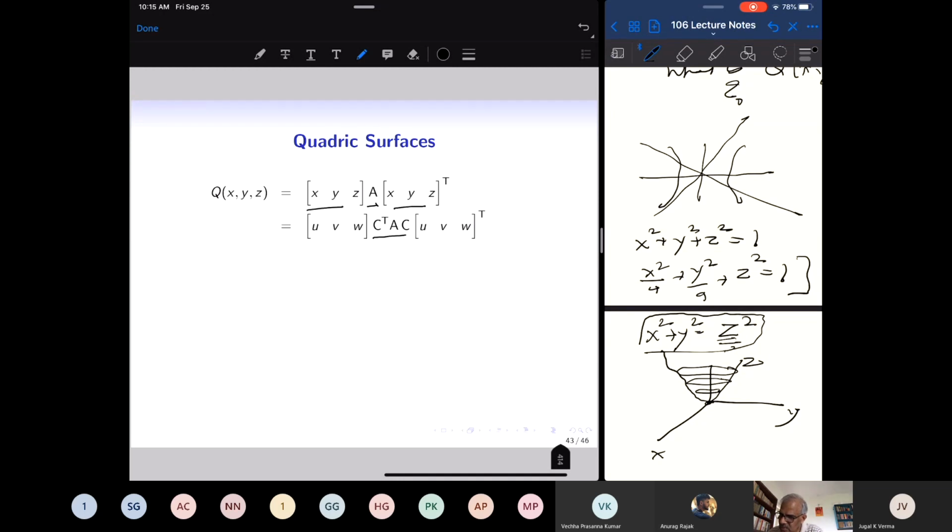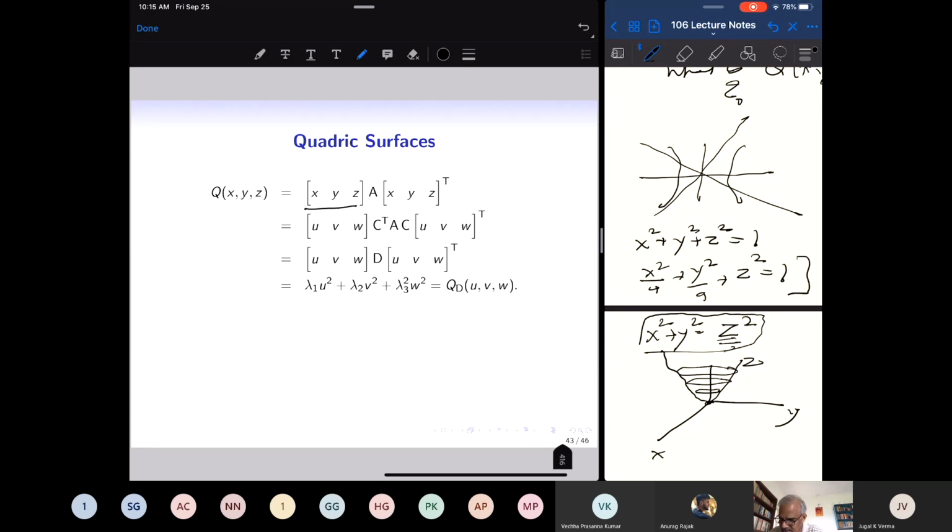Okay, so I have just put xyz equal to c times uvw.